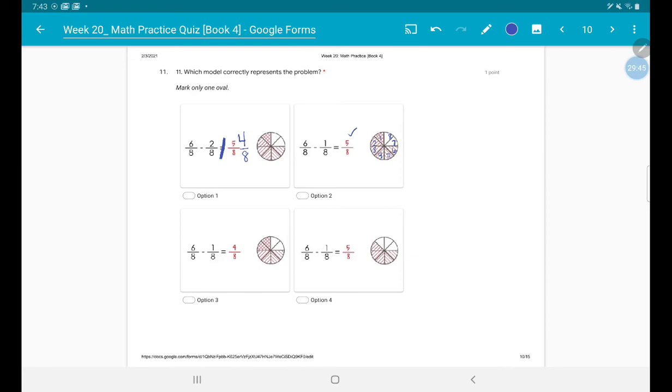You can see that there's cross hashes on this first one. So it's showing that they're taking 1 away, and we're left with 1, 2, 3, 4, 5/8. So option 2 is the correct answer.